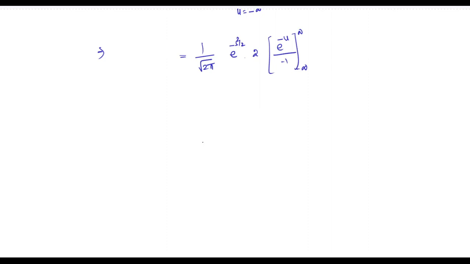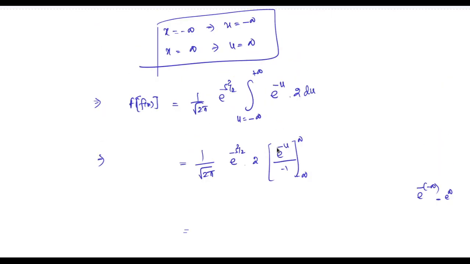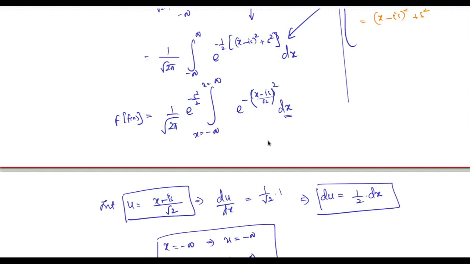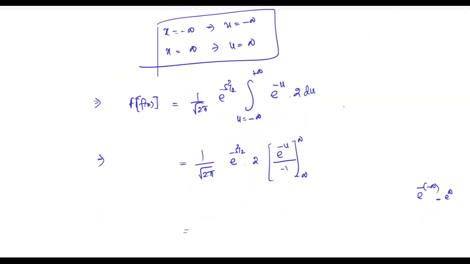Now what is the answer? The upper limit substitution will give you e to the power minus of minus infinity, which will be e to the power infinity. Correct? Oh, sorry, I think I made a small mistake. Here it was u square, right? So it should be u square. Here also it should be u square. Of course, then the integration is wrong.